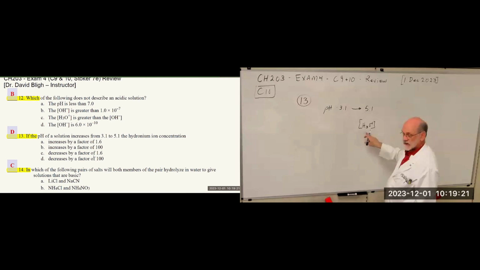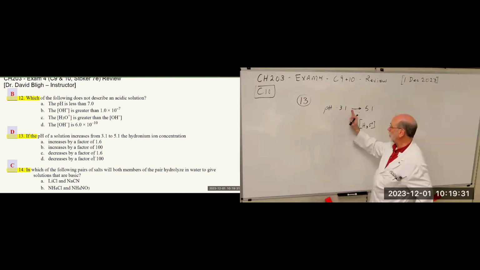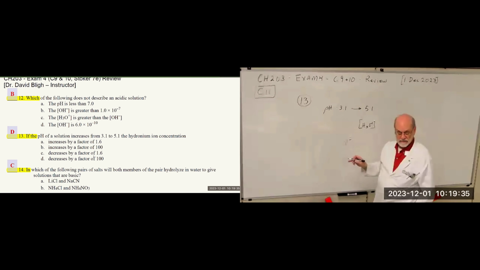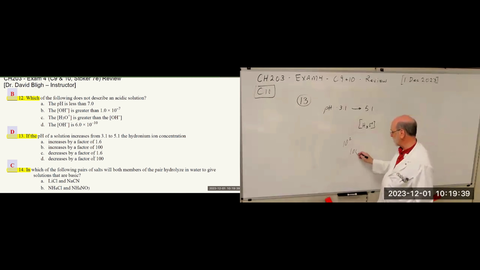So this concentration is going to decrease, but by how much? Remember, this is a logarithmic scale. You've changed the logarithm by 2 units. So that's 10 squared in logarithmic terms, so that's 100 times.